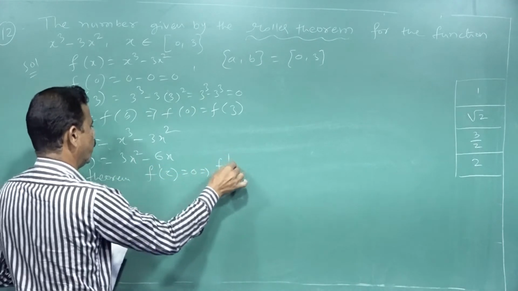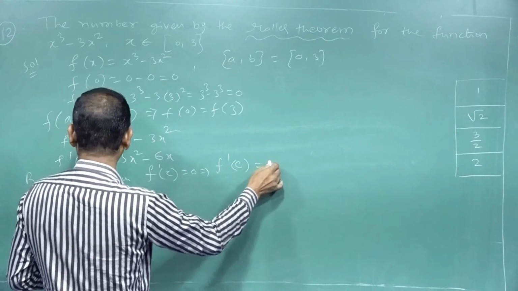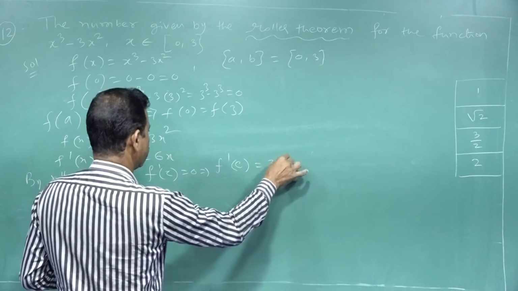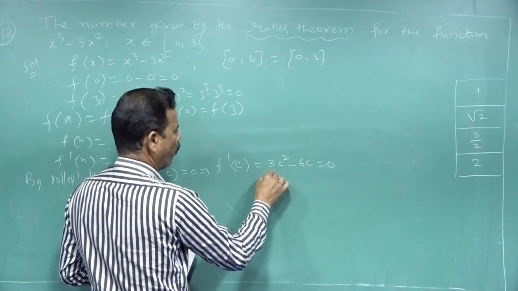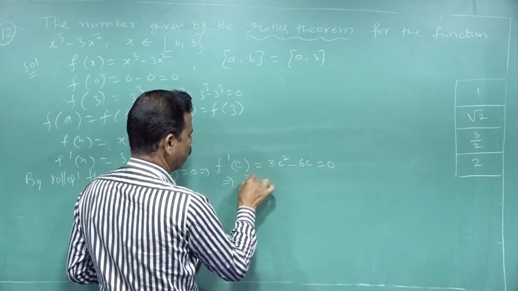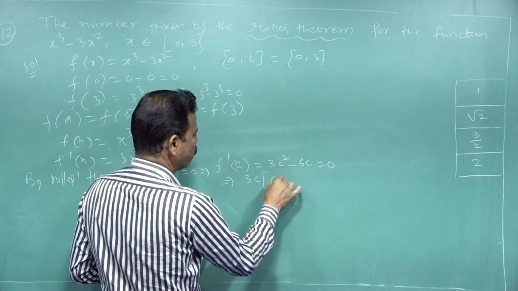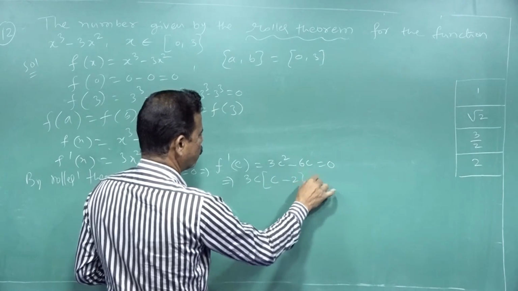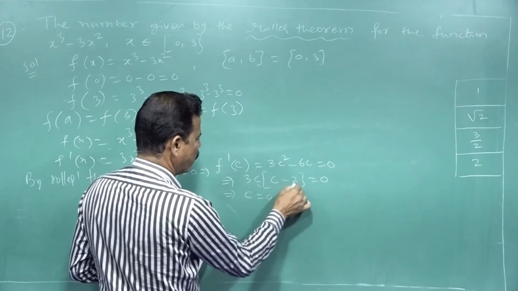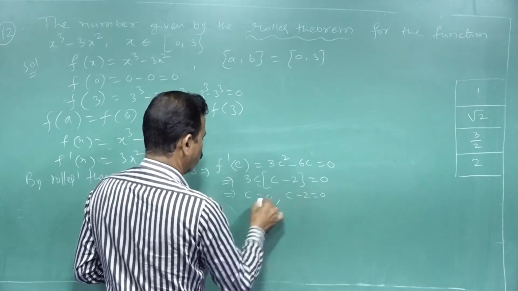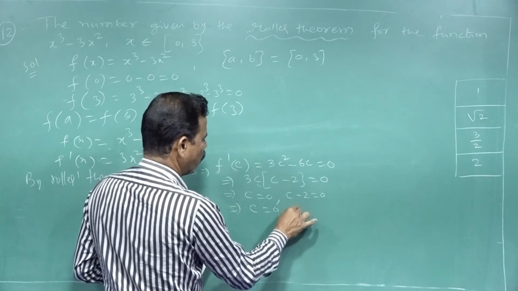Then f'(c) is equal to 3c square minus 6c is equal to 0. Here 3c common, so 3c times (c minus 2) is equal to 0. Then what are the c values? c is equal to 0 and c minus 2 is 0. Then two values, c is equal to 0 and 2.